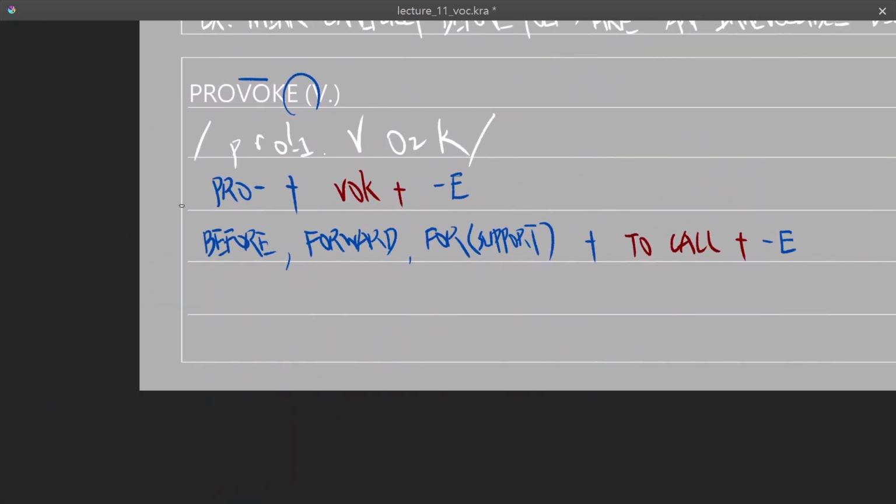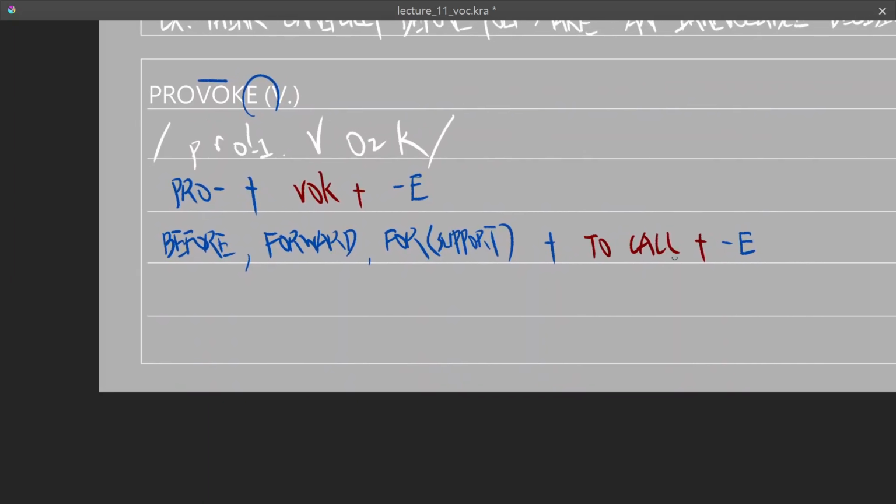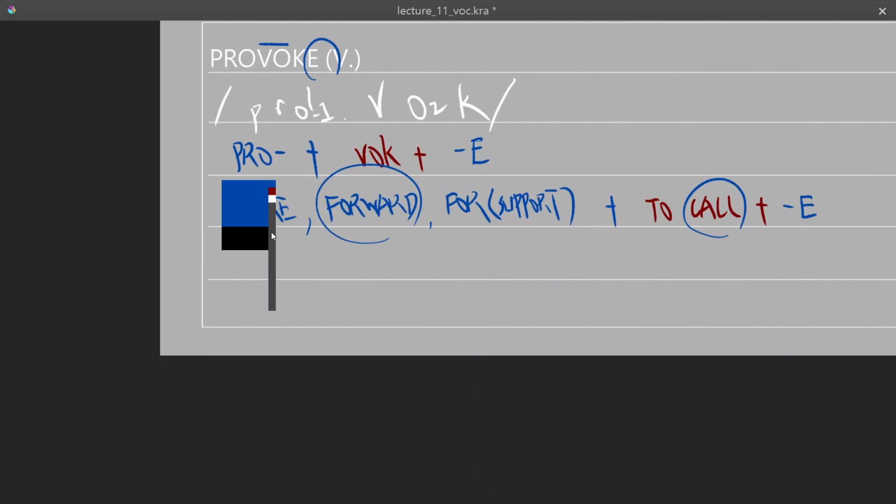So provoke usually means what? It means to call something forward. So to call what?